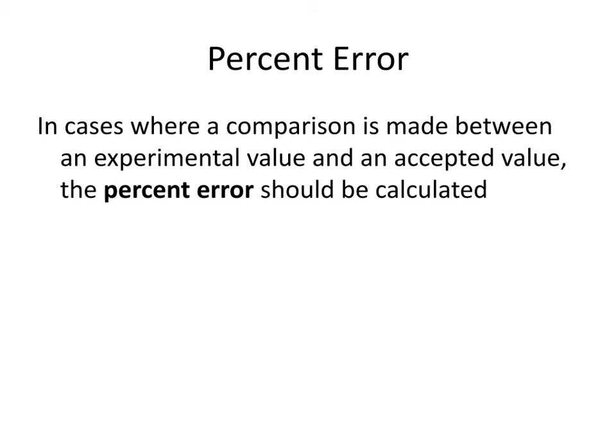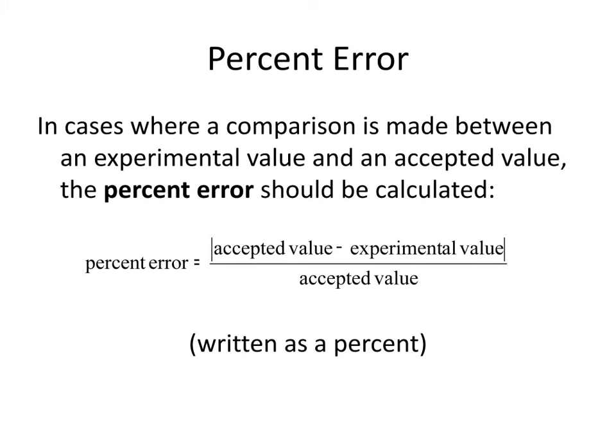Often we'll use percent error to compare our experimental value to an accepted value. So to do that, we take what's called the absolute value of the accepted value minus the experimental value.